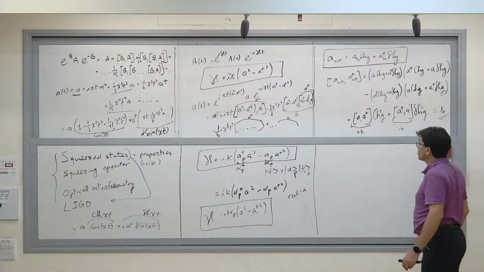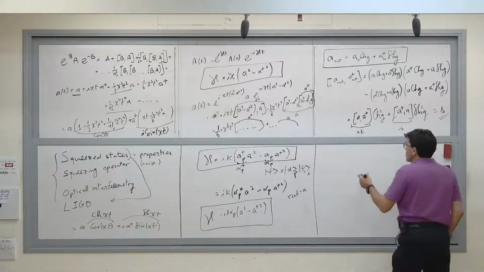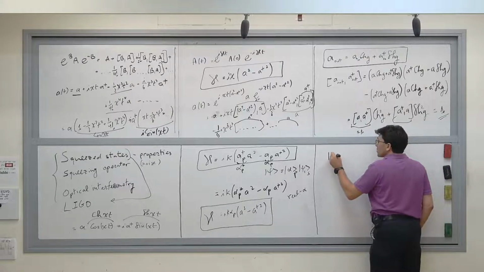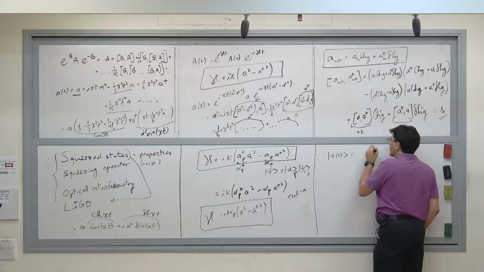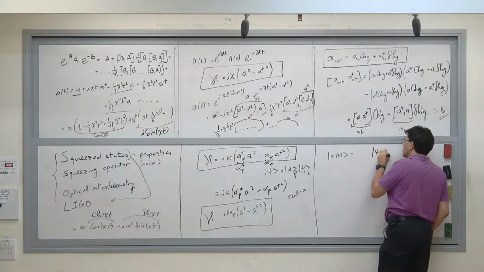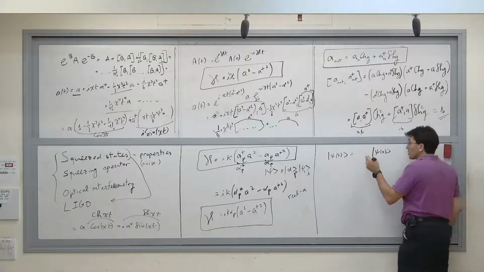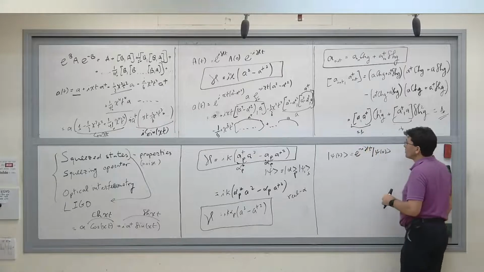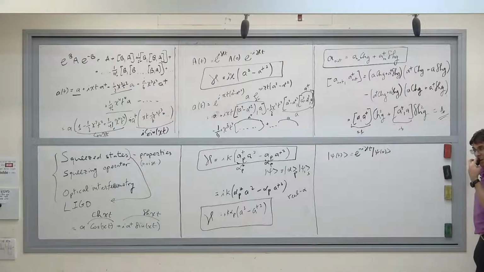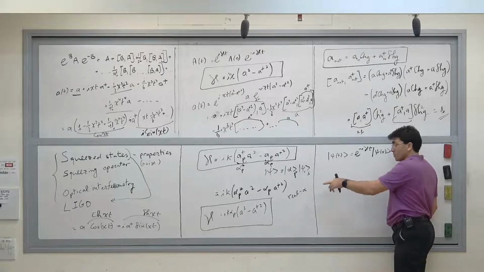Now we know also that the state psi at time t is related to the state psi at time 0 by the time evolution operator, which is e to the minus i H t. But this, we know what it is.